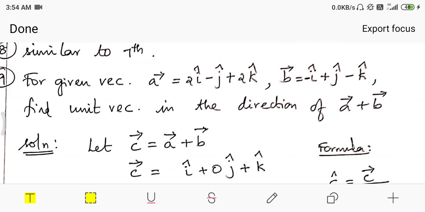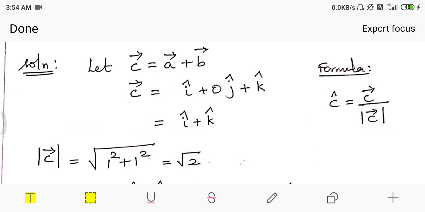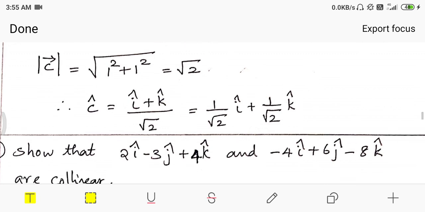Now we add the components, we get C vector equal to i cap plus k cap. Then we find the magnitude, root of 1 square plus 1 square. These 1 and 1 are the coefficients of i cap and k cap. We get root 2, and we know the formula C cap equal to C vector by modulus of C vector. So C cap equals i cap plus k cap by root 2. That is the final answer.